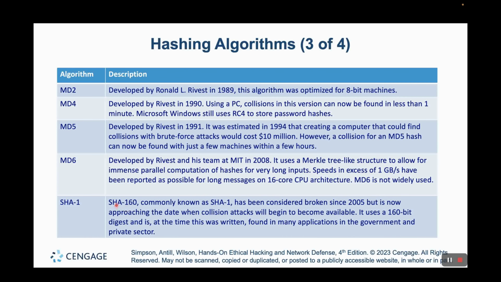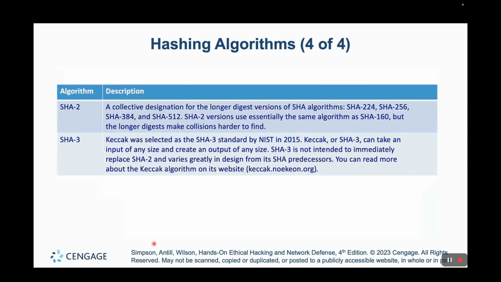SHA-1, which is 160, has been considered broken since 2005. It uses a 160-bit digest, and at the time this was written, was found in many applications in government and the private sector.